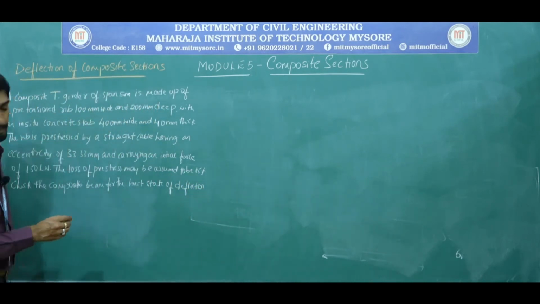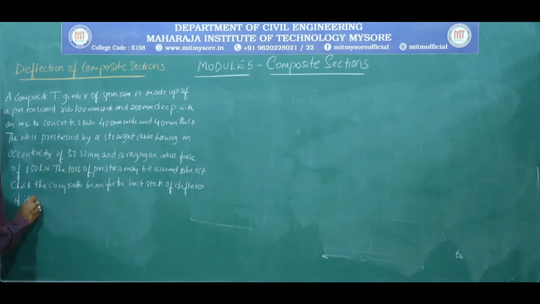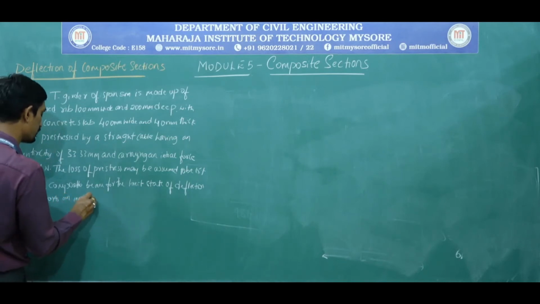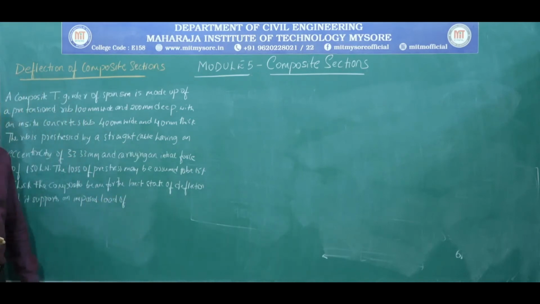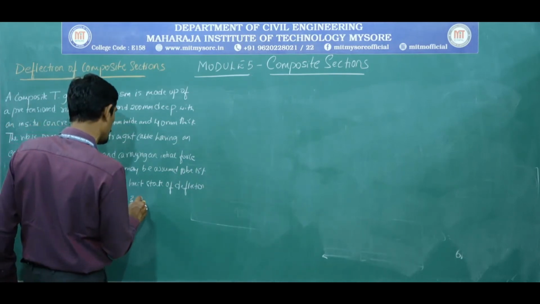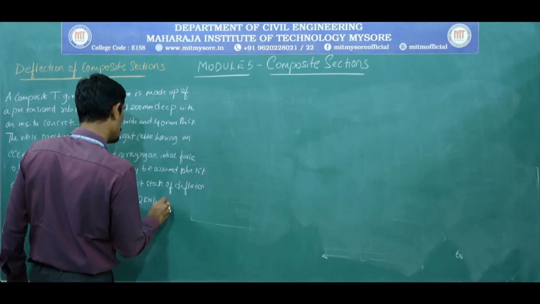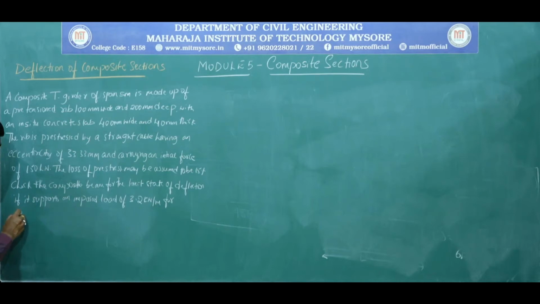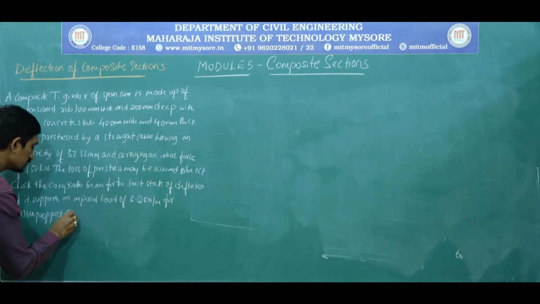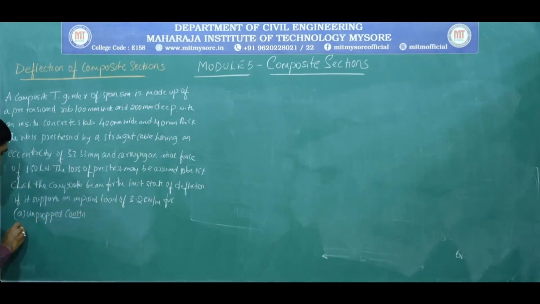Okay, if it supports an imposed load of 3.2 kilonewton per meter, for case A, unpropped construction, and case B, propped construction.